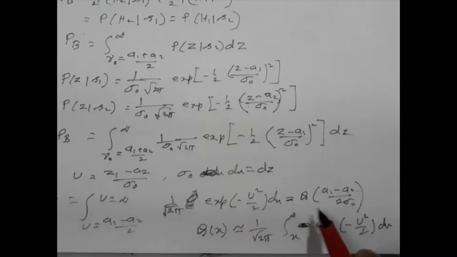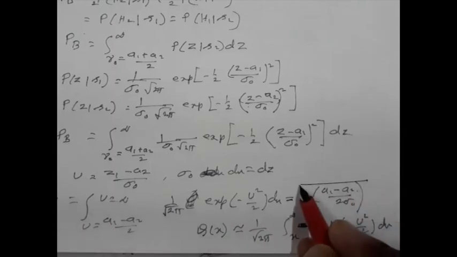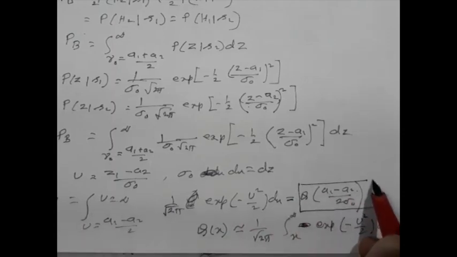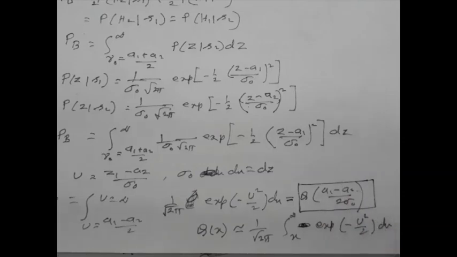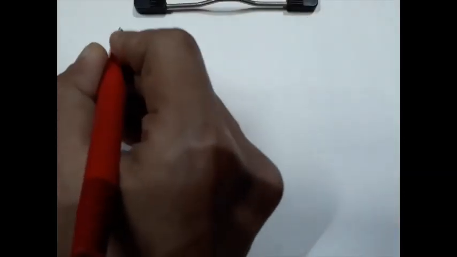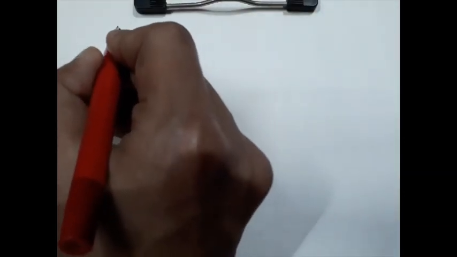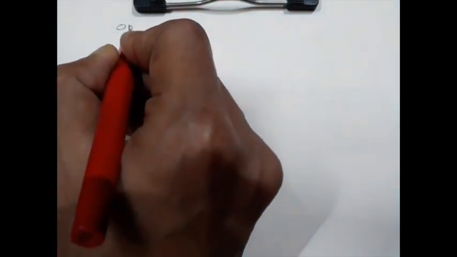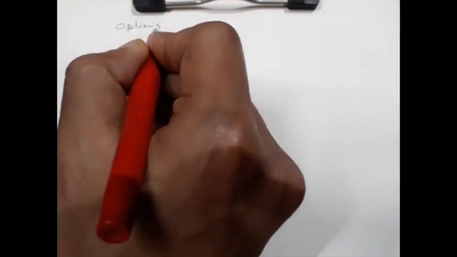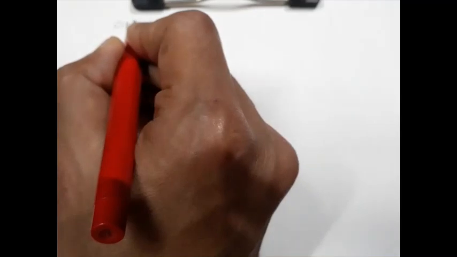So the error probability takes this form of the complementary error function. With this result, we will now try to optimize error performance.